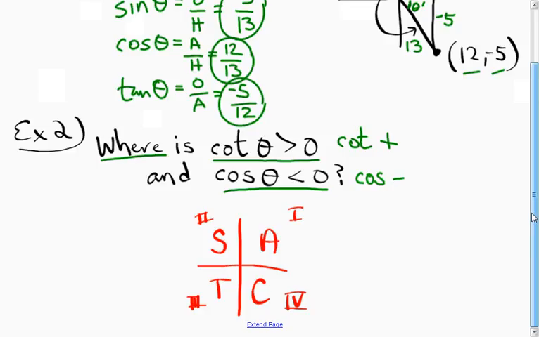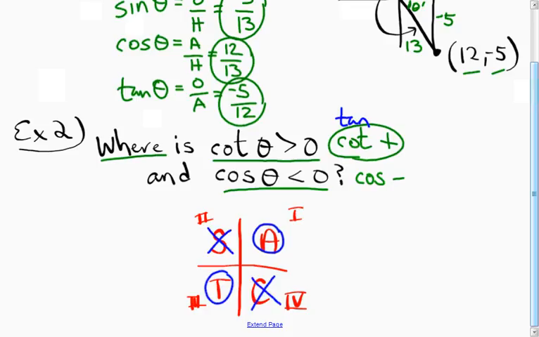So I just draw out my 4 quadrants, and I'll actually write in A, S, T, C for which functions are positive in there. And I'm looking for where cotangent is positive. Well, cotangent's going to do whatever tangent does. Tangent is positive here, tangent's positive here, so we get rid of those two. Can't be in there.